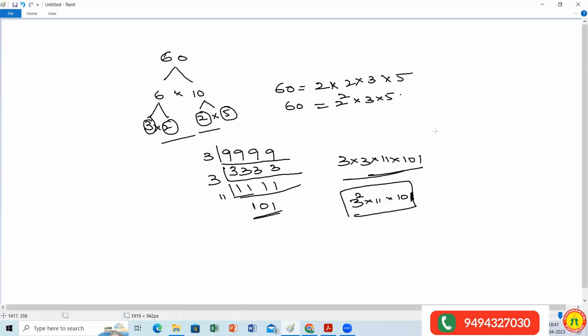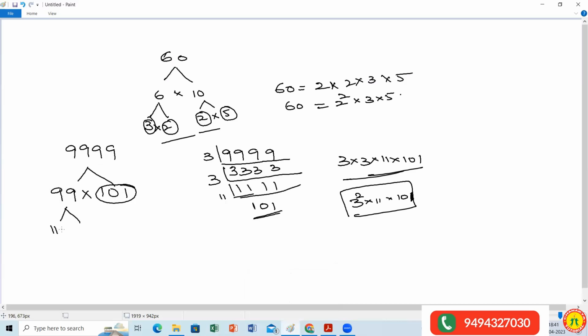We are only expressing as a product of prime numbers now. 99 is not a prime number, right? No, ma'am. You can express 9,999 as 99 into 101, but 101 is further a prime number; you can circle it. 99 is not a prime number.